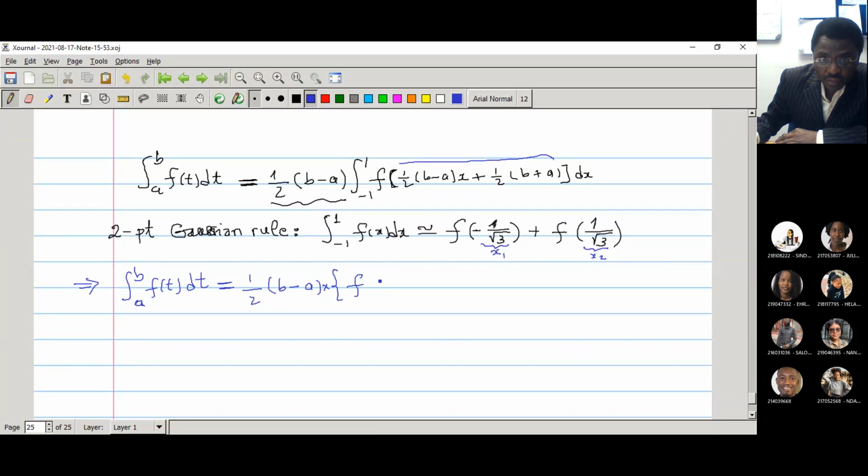So that will be 1 by 2 b minus a times x1 plus 1 by 2 b plus a, plus f of the same thing but with x2. Let me write it here.